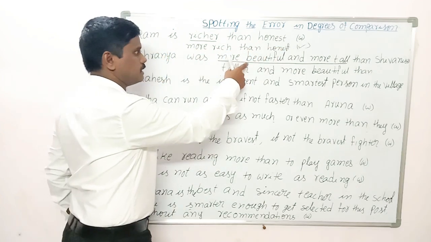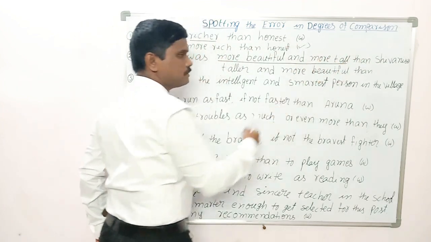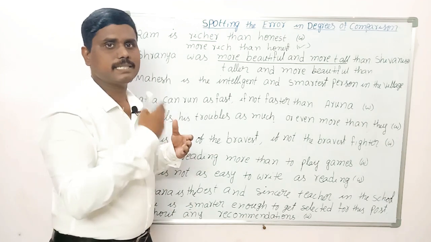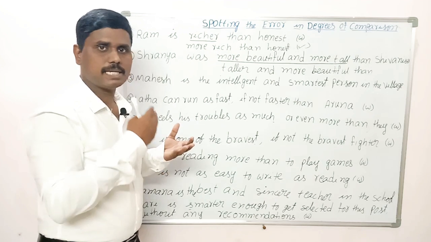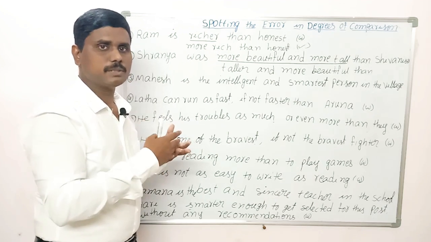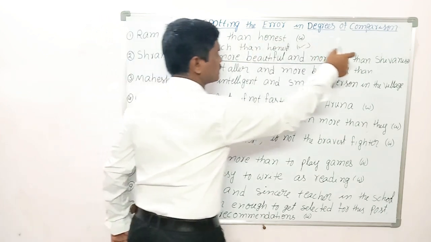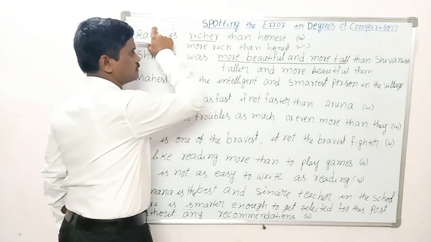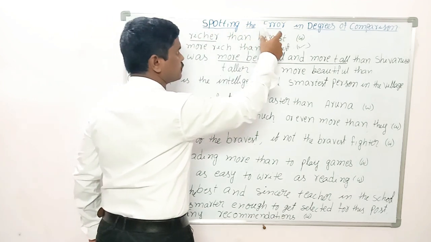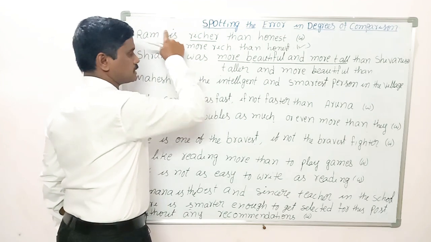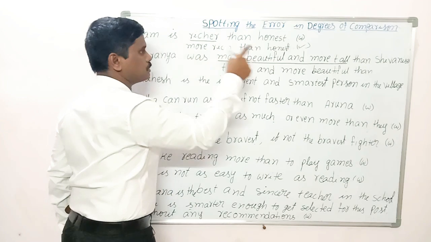But when there is one quality between two people, we use the ordinary rule: tall, taller, tallest, big, bigger, biggest, high, higher, highest, beautiful, more beautiful, most beautiful. Here one quality, two different subjects, whereas there one subject, but two qualities. The comparison is between two qualities of one person, whereas here the comparison is of one quality between two persons.